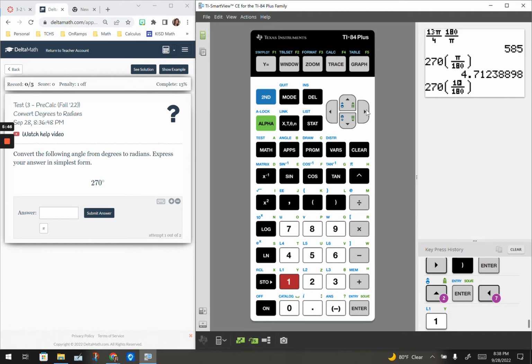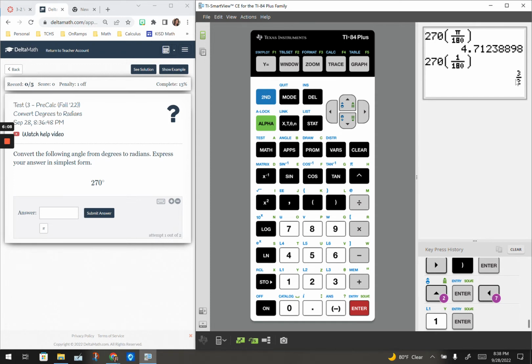That's part of the formula of converting from degrees to radians. So you're holding the pi, replace it with a 1. 1 is just a placeholder because if I multiply anything by 1, I'm not changing anything, okay? And I'm going to hit enter, and I'm going to get a fraction, 3/2, which is just this fraction and this fraction reduced, okay? It becomes 3/2. So I'm going to come over here to my Delta Math.